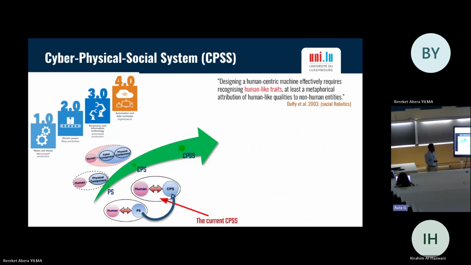A famous quote from social robotics states that designing a human-centric machine effectively requires recognizing these human-like traits, or at least a metaphorical attribution of these components to machines. And the paradigm CPSS eventually wants to have is a device with some sort of social component, however that is implemented.